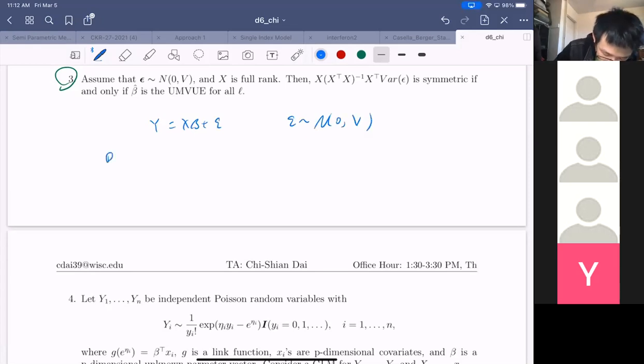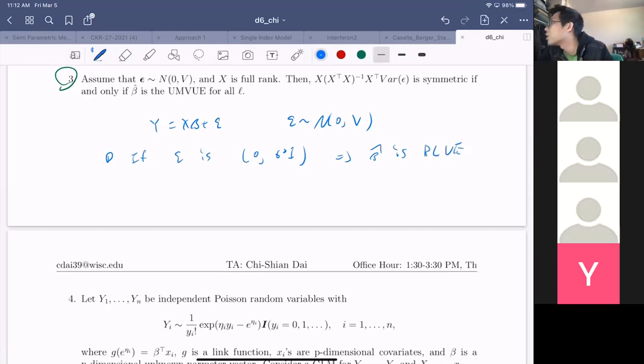First we know that if y is equal to X beta plus epsilon, and epsilon follows mean 0 and sigma squared, then beta hat is BLUE.